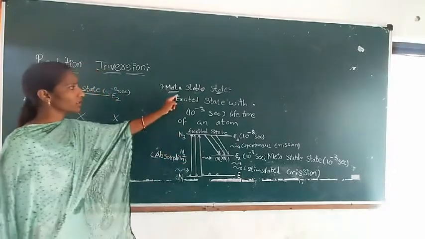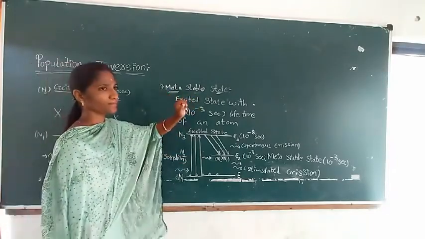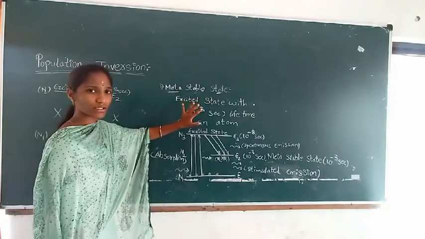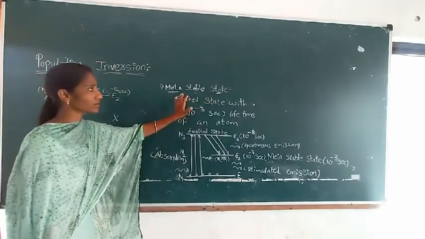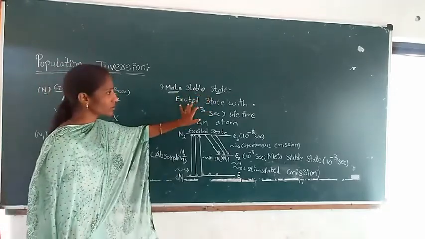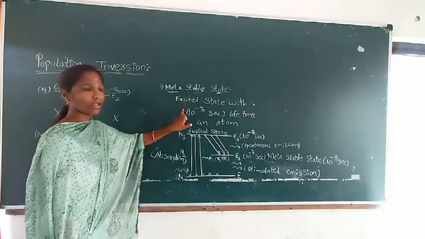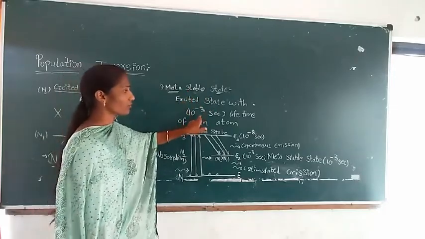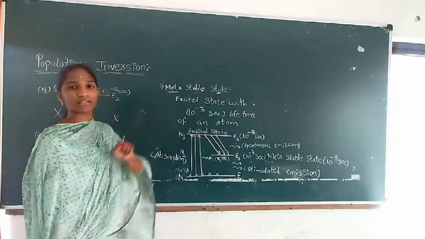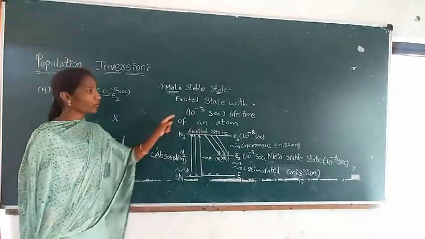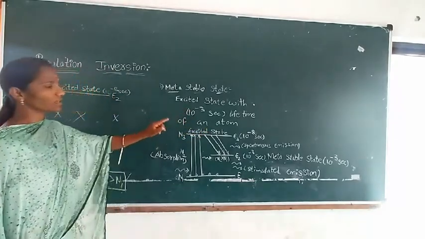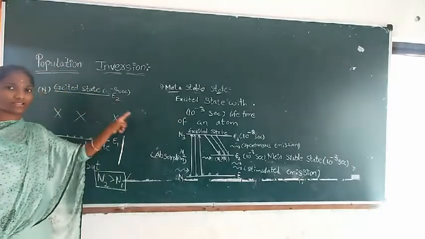So what is a metastable state? A metastable state is also an excited state, but the lifetime of an atom in it is 10 to the power of minus 3 seconds, a little bit higher than the other excited states.